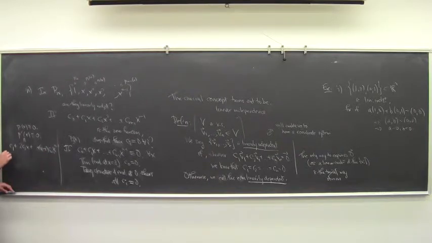Evaluate P prime at 0. It is 0, but P prime at 0 is C1. So C1 is equal to 0, and then you take the second derivative to show that C2 is 0, and so on and so forth.